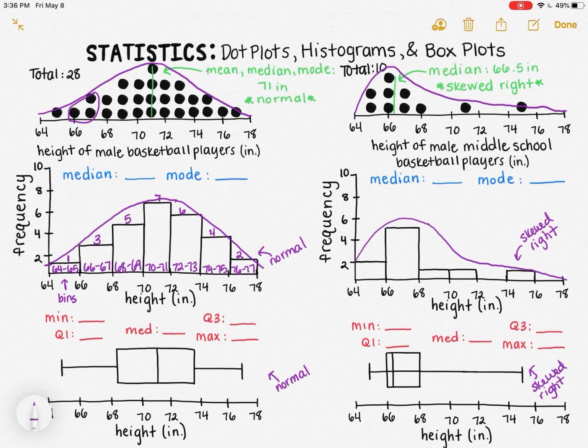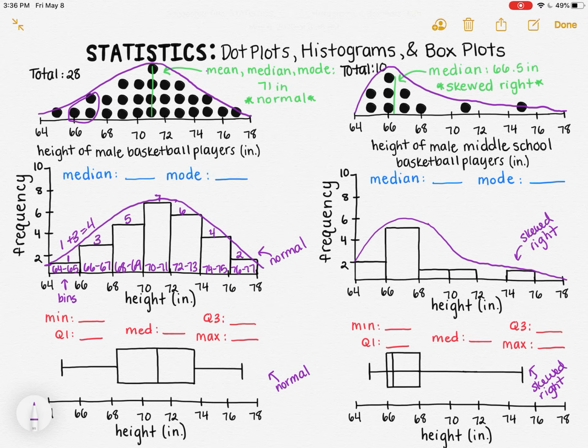So what I'm going to do is start on the left. Again, I take the total number of people, divide it in half, and look for that person by looking through my histogram. So I'm going to start on the left side of the histogram and count the people until I get to 14 and 15. I've got 1 person on this bar plus 3 on the next bar, which gets me to 4. I'm still not anywhere close to 14 or 15, so I don't know what my median is yet.